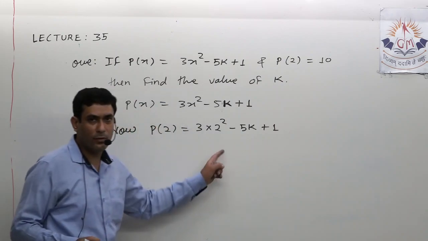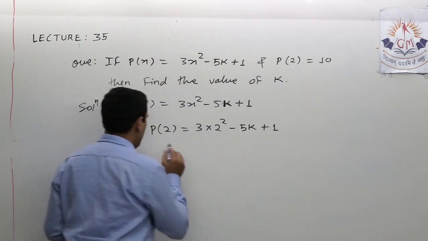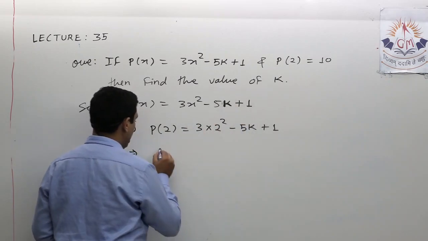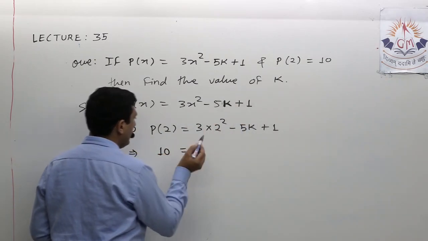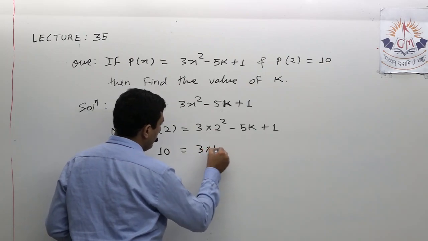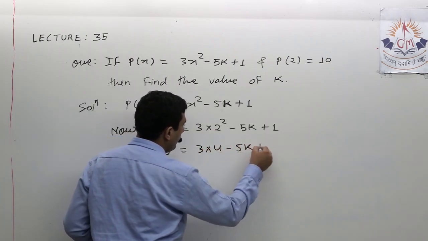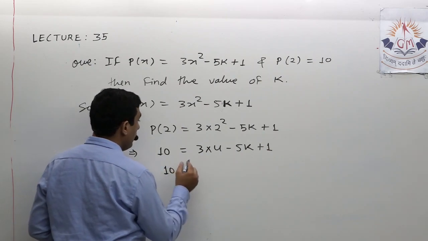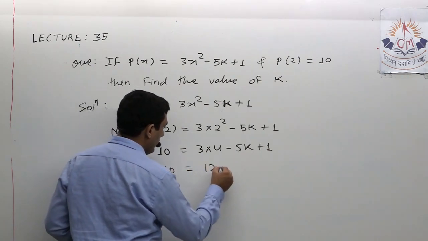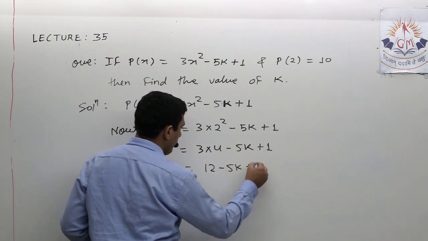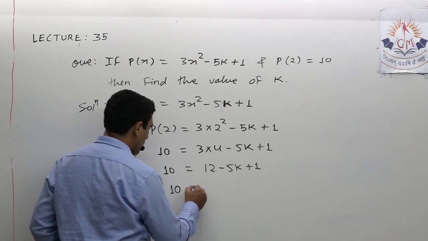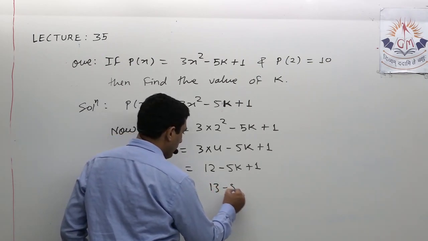This should be p of 2 according to the concept. But the value of p of 2 is 10, it is given in the question. That means 10 is equal to 3 into 4 minus 5k plus 1. So 10 is equal to 12 minus 5k plus 1. So 10 is equal to 13 minus 5k.